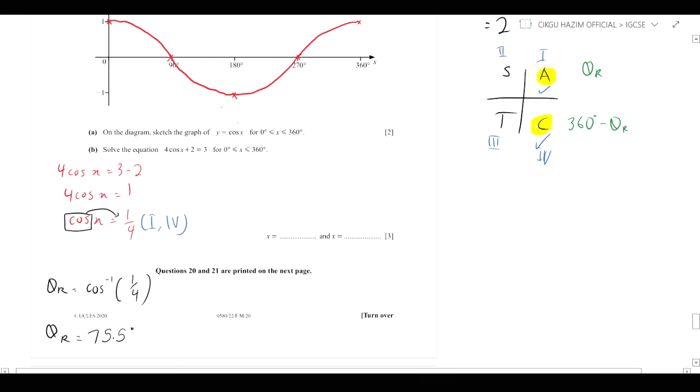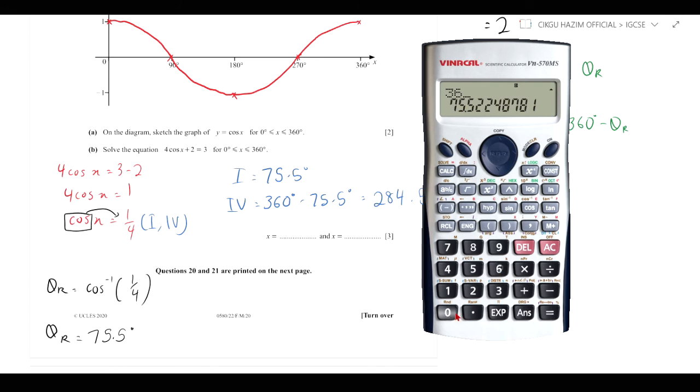What is the first quadrant here? The first quadrant is just the reference angle, 75.5 degree, and the fourth quadrant is 360 degree minus 75.5, which is 284.5 degrees.